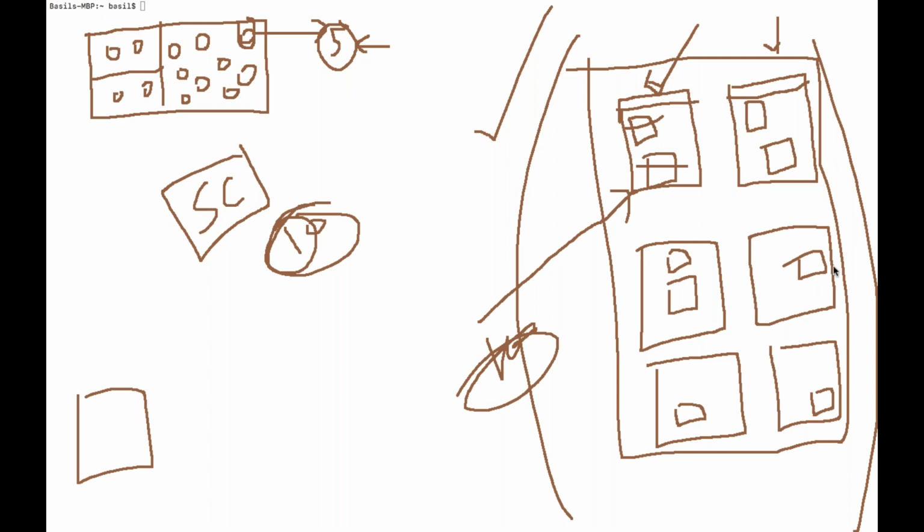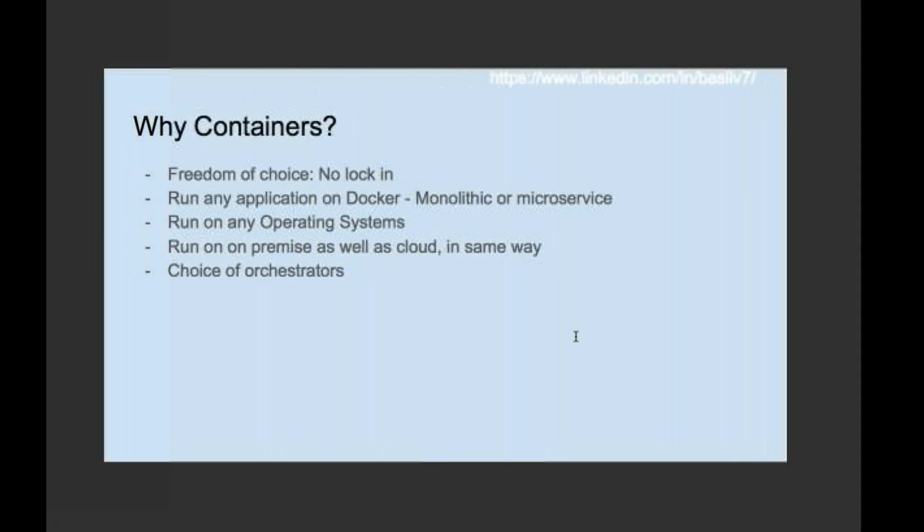So these are the advantages when using Docker. Docker is one of the most popular containerization tools. There are other things like Rocket. There are few other things also. Docker is the most popular one.